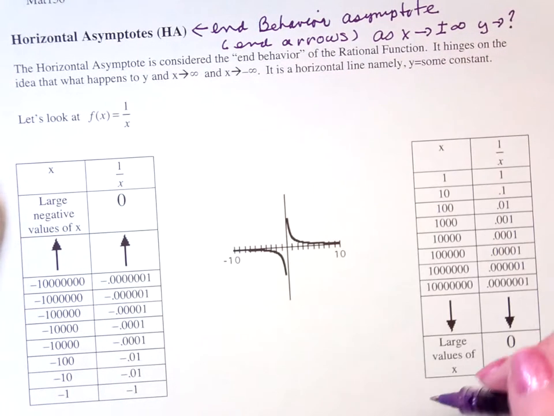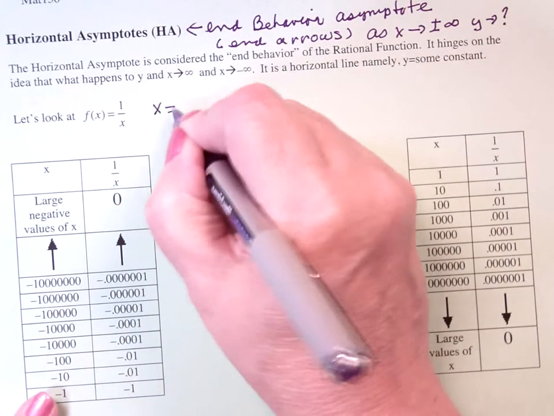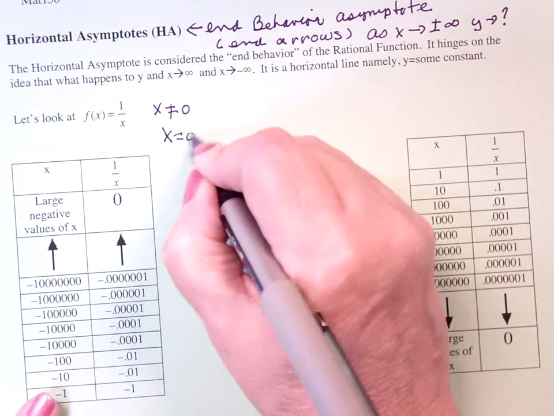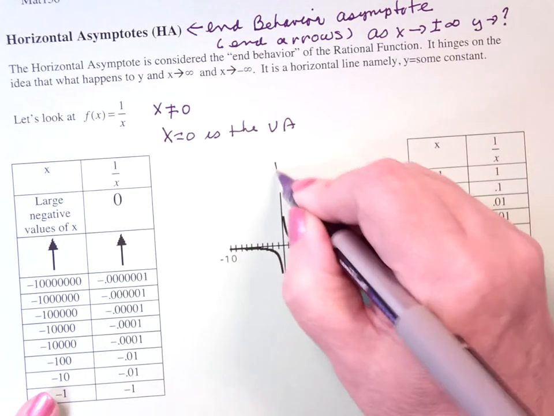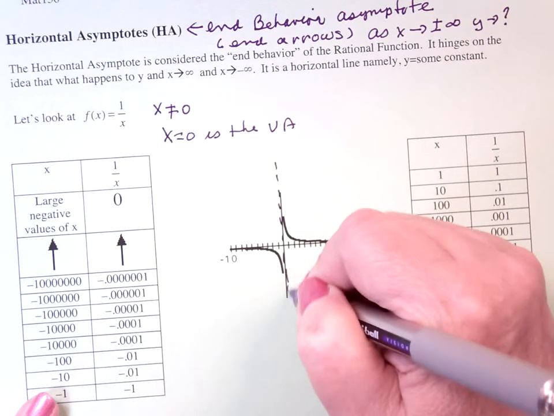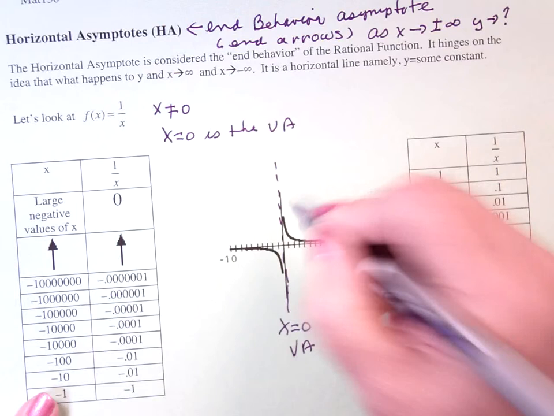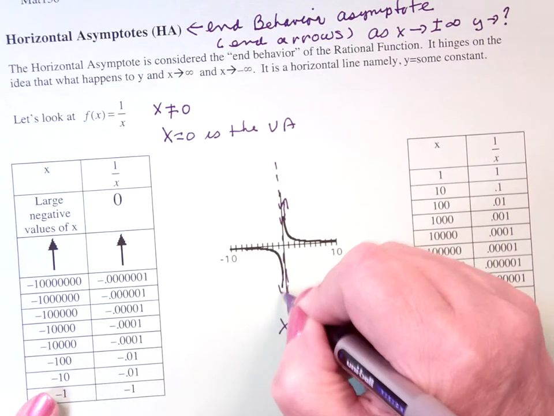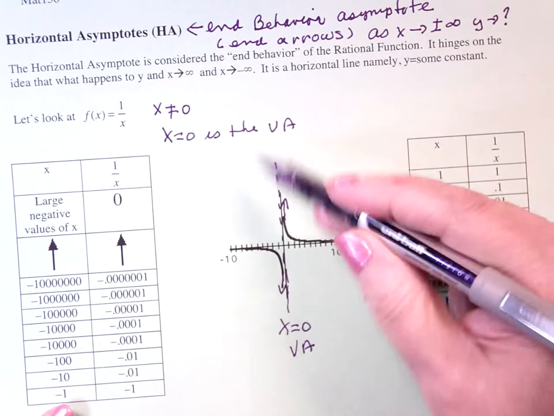If I look at the graph of 1 over x, of course I know that x can't be 0, so x equals 0 is the VA, and I expect that to be the case, and that's what you see right here. So this graph is going to ride, in this case, because I'm looking at multiplicity odd, it's going to ride opposite directions.